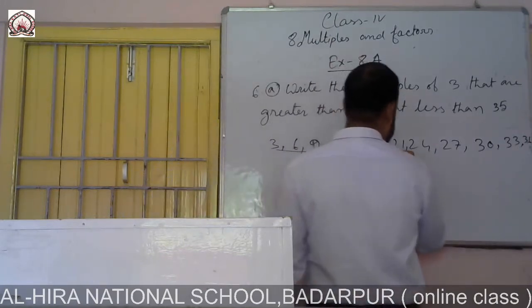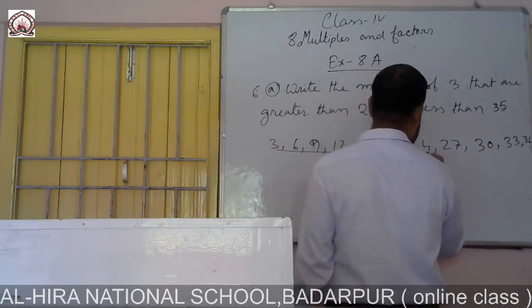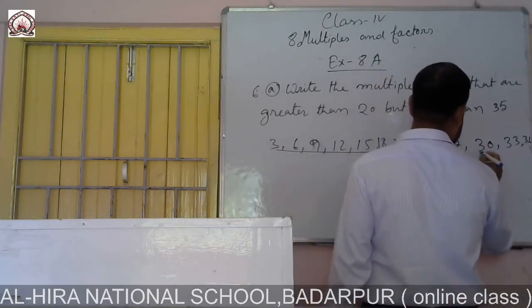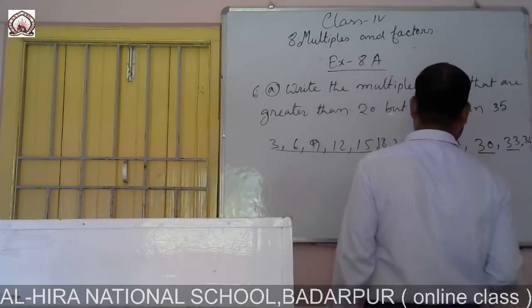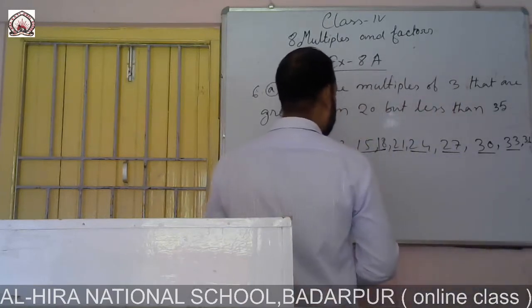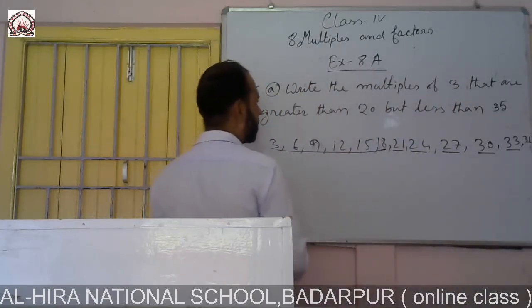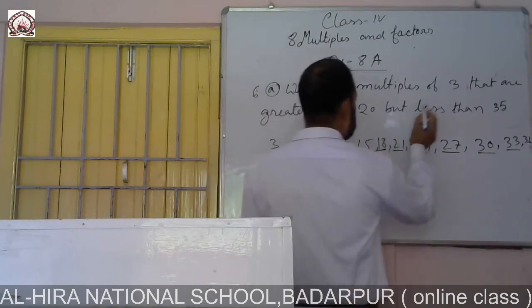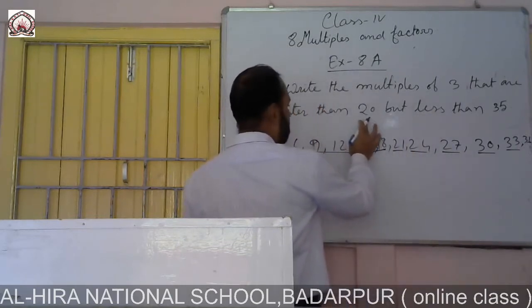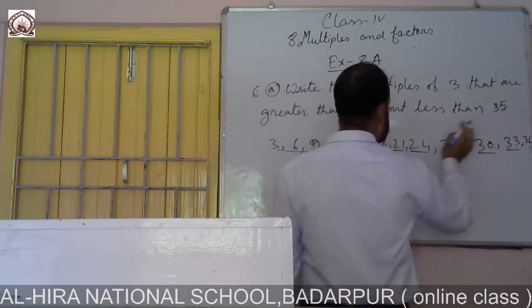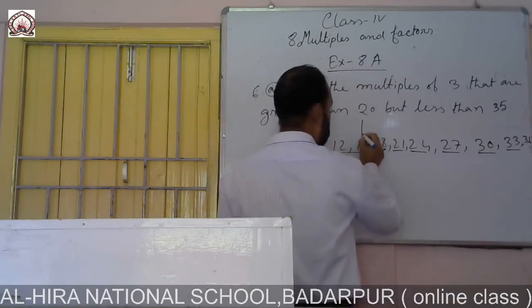So greater than 20: 21, 24, 27, 30 and 33. So these are the multiples of 3 which are greater than 20 and less than 35.